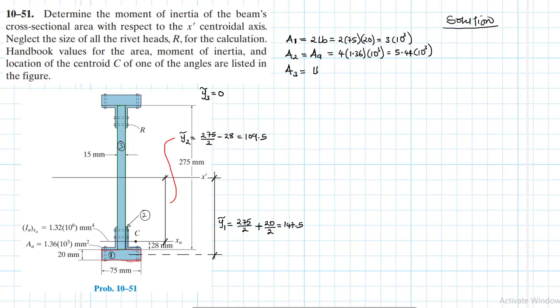It's just a single one, L times B, which is 15 times 275. Of course. 15 times 275 gives us 4.125 times 10 to the power 3.